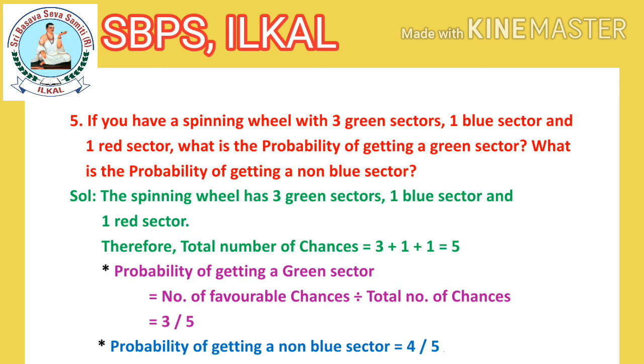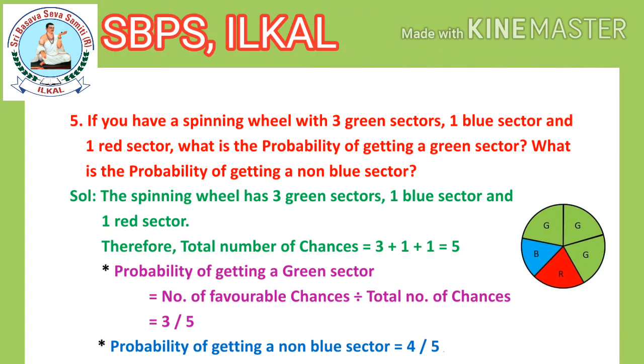That is fifth one. If you have a spinning wheel with 3 green sectors, 1 blue sector and 1 red sector, what is the probability of getting a green sector? What is the probability of getting a non-blue sector? Solution. The spinning wheel has 3 green sectors, 1 blue sector and 1 red sector, they given.